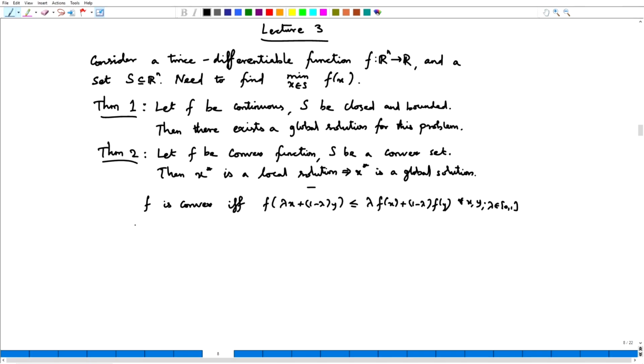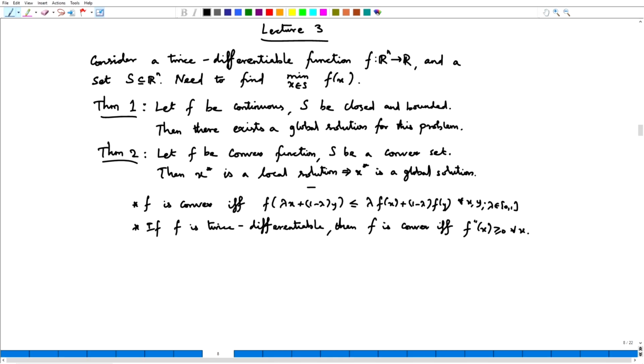The other condition is that if f is twice differentiable, then f is convex if and only if f double dash of x is greater than or equal to 0 for all x. So, you just take the double derivative and verify whether it is non negative.